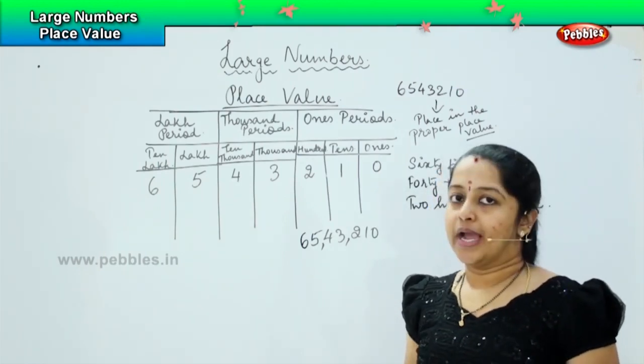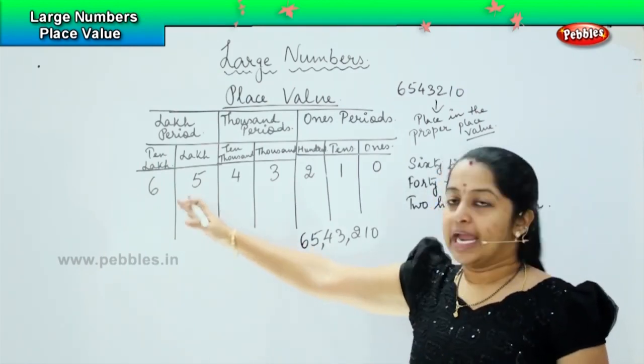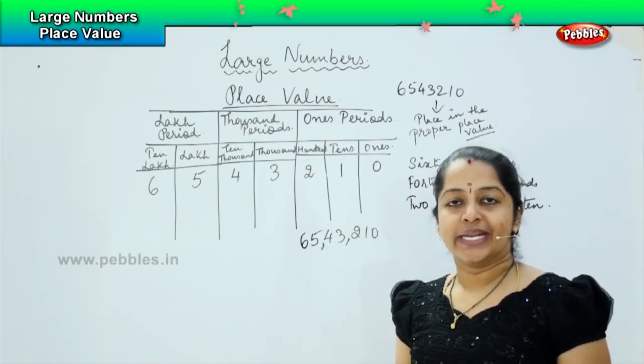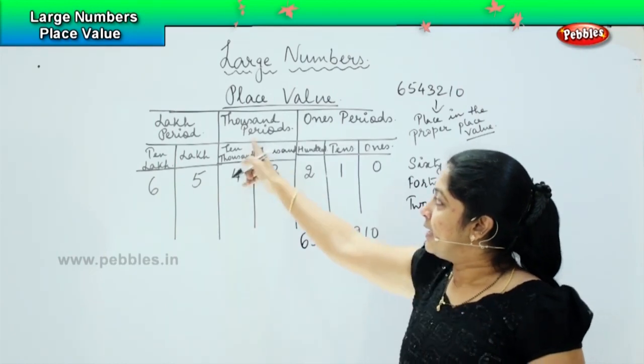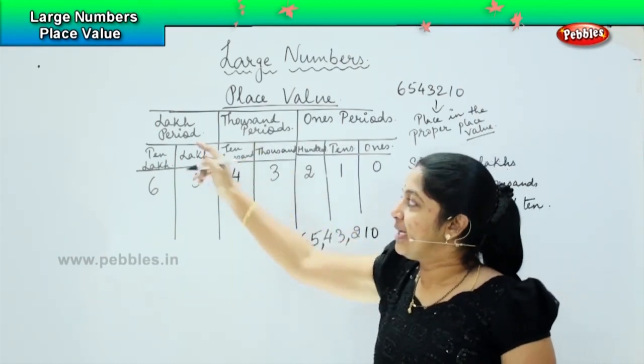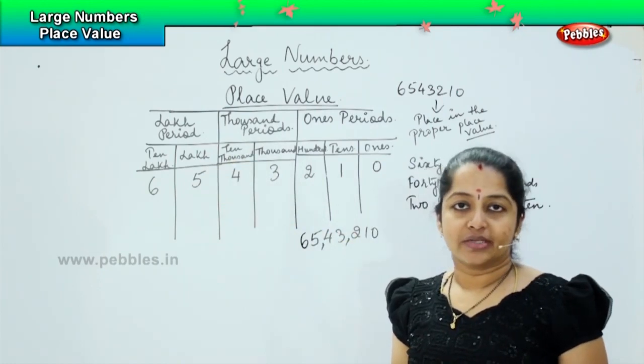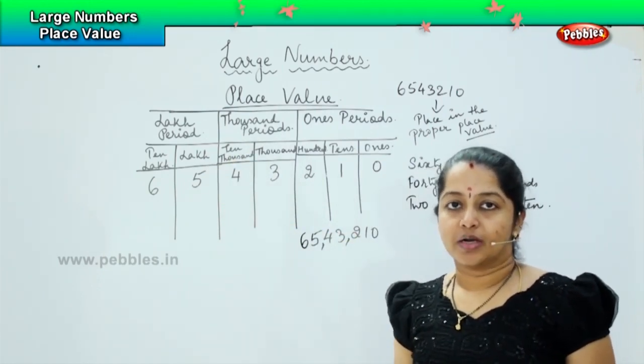Now if the same thing I have to write in the international system. Just now I told you that lakh and 10 lakh have a different value in the international system, right? So in the international system, after 1000, 10,000, it becomes 100,000, right? And then it is converted to million.